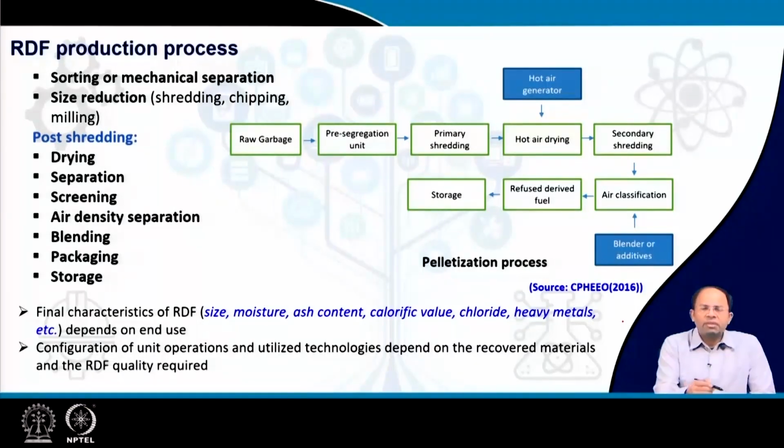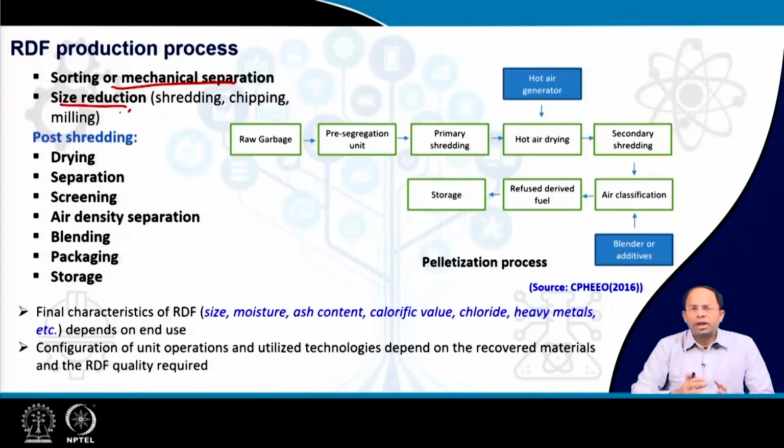For example, before we even start the actual creation of RDF, we first have to sort the waste, manually or using mechanical means, which will go for the RDF pelletization process. Then we have to reduce it in size, because when we do, all the material becomes homogeneous and of uniform size, and it's easier to use in mechanical systems downstream, right?